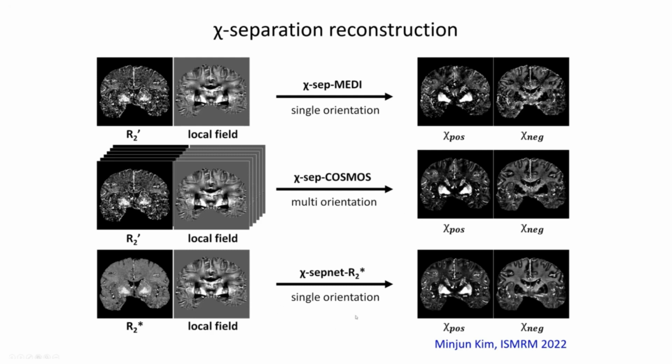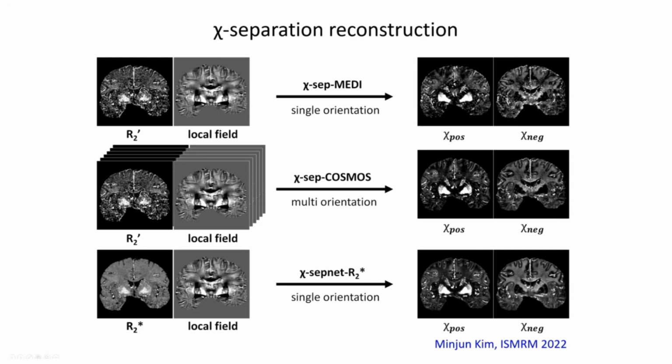Once you have a neural net, you can resolve a lot of things, as long as you are happy to tolerate some of the errors from the neural net. Then you can get rid of these R2 data sets and simply supply this R2 star data as the input of the neural net, and train the neural net such that it generates the chi separation result of the quality of the COSMOS chi separation.